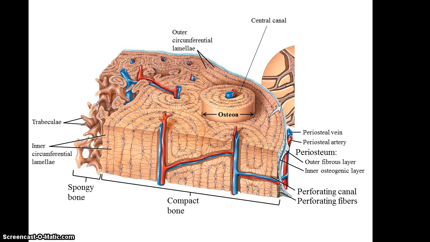And running along the periosteum are the periosteal veins and arteries that can then enter into the compact bone through perforating canals that allow them access to form these blood vessels in the central canal and provide nutrients for the bone. You also have, coming from the periosteum, the perforating fibers, which help attach it firmly to the bone by actually having collagen fibers go into the compact bone.